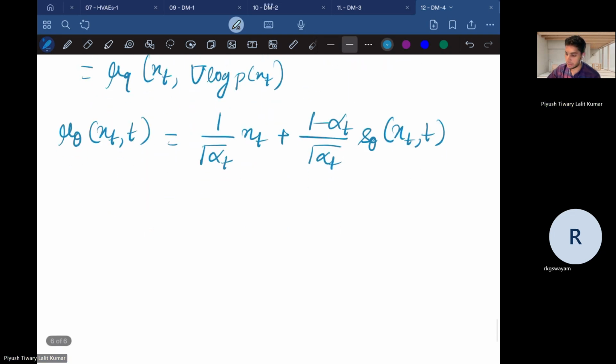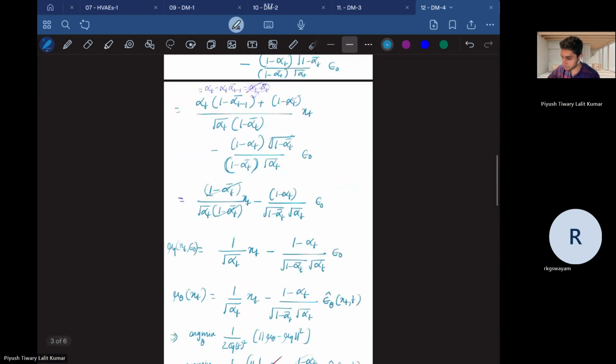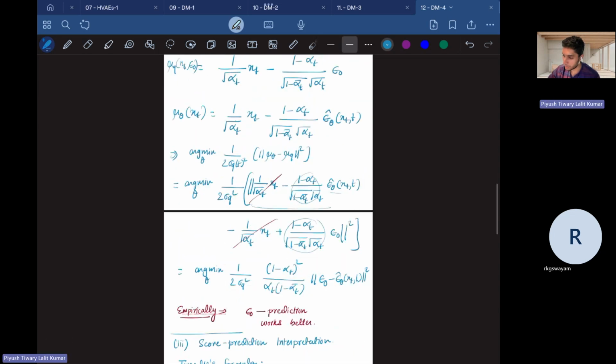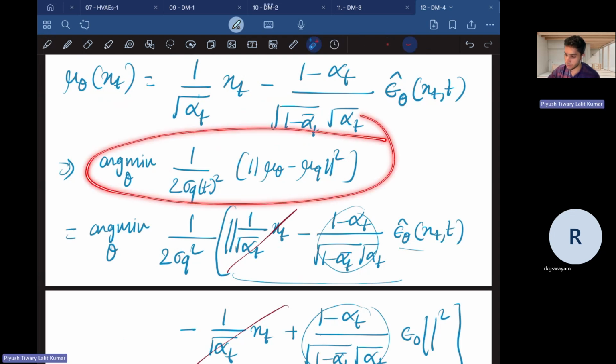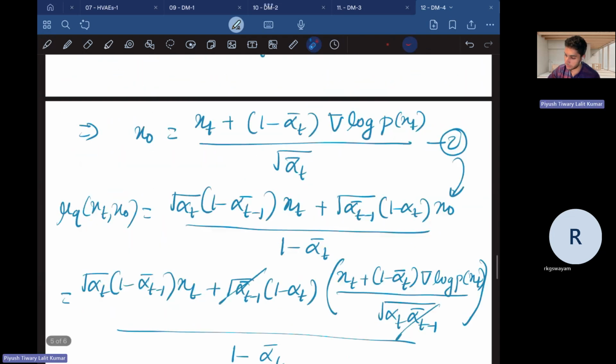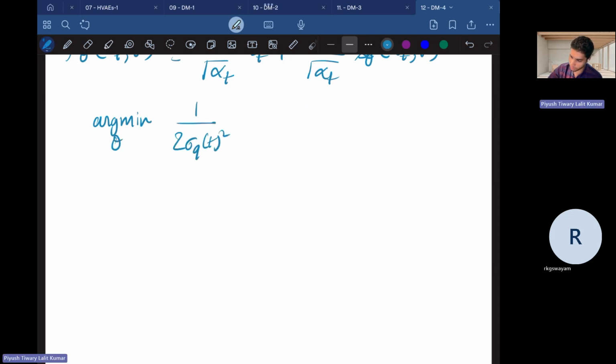Okay. Now, similar to what we did earlier, you want to minimize this thing, right? This is your original objective. So this is argmin over theta 1 by 2 sigma q of t whole square, norm of mu theta minus mu q, norm whole square.